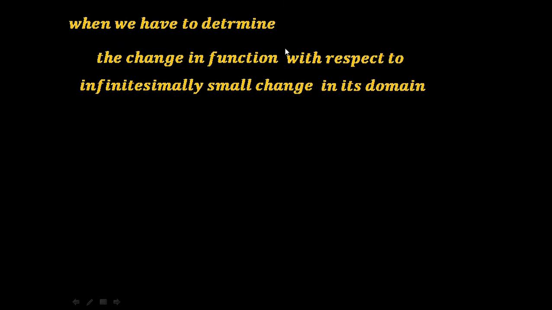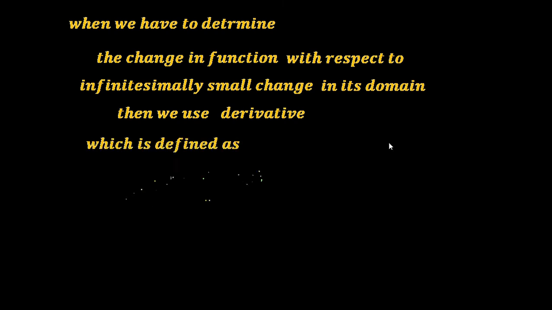When we have to determine the change in a function with respect to an infinitesimally small change in its domain, then we use the derivative, which is defined as limit h tends to 0 of f of x plus h minus f of x, divided by h, where the numerator indicates a small change in the function and the denominator indicates an infinitesimally small change in its domain.